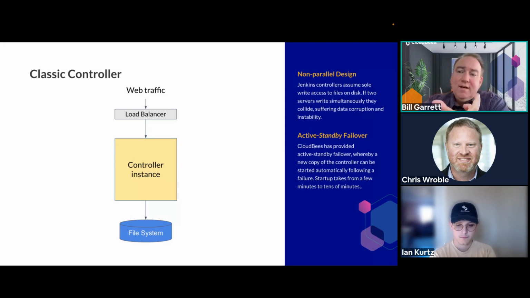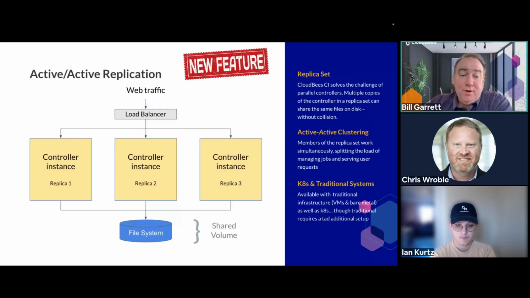Now, the idea of having multiple servers sit on top of a shared file system, maybe mounted via NFS mount, is a pretty old idea. The challenge, though, has been for many years, if you run multiple copies of the server on top of one Jenkins home, they crash. The reason is that these servers all have in-memory state. And when they try to write their files on disk, their in-memory state is not synchronized, so they step on each other's files.